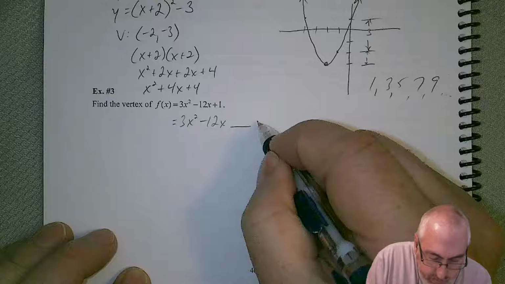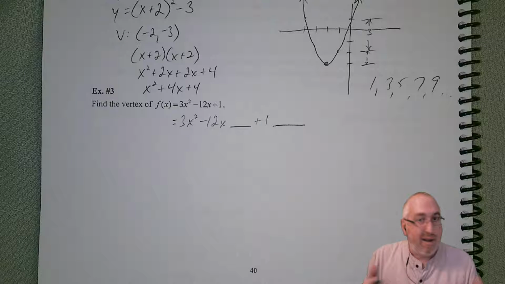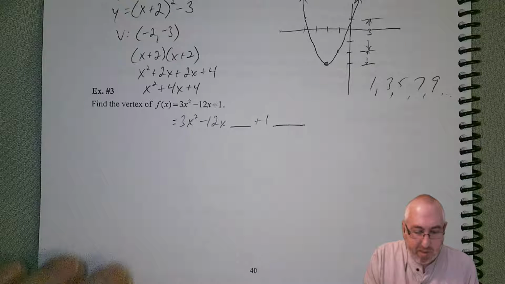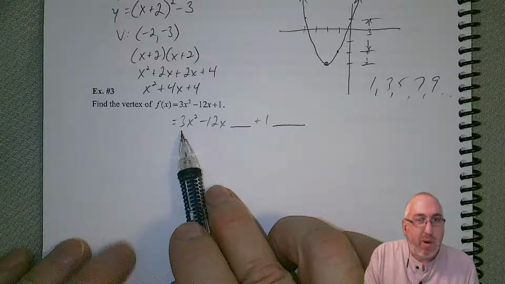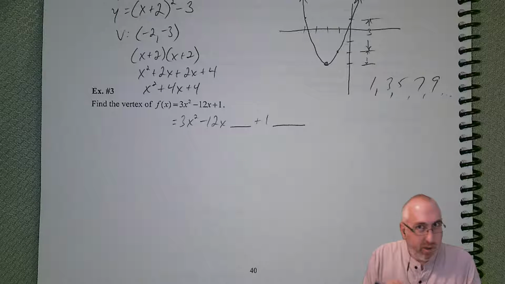So now the question is what do we put in here to do this? Now here's where it gets a little messy because of this 3. We have to get rid of this 3 before we can really complete the square. So what you should do is factor the 3 out of these two terms.